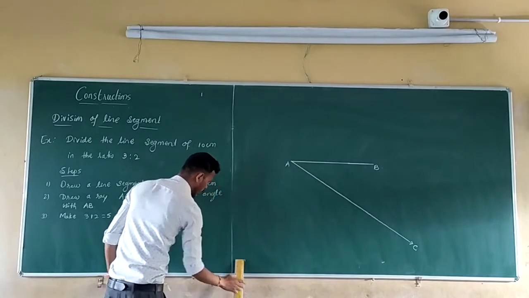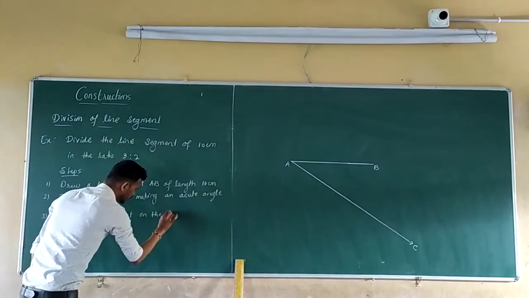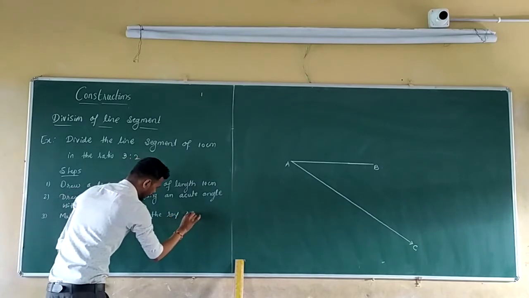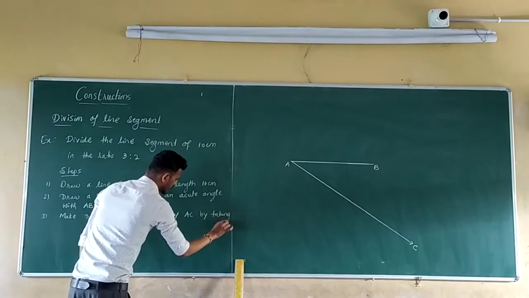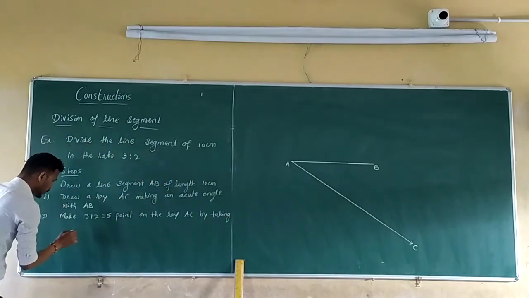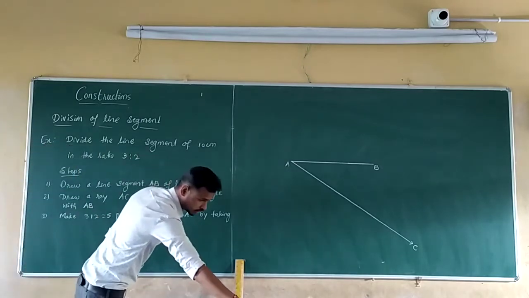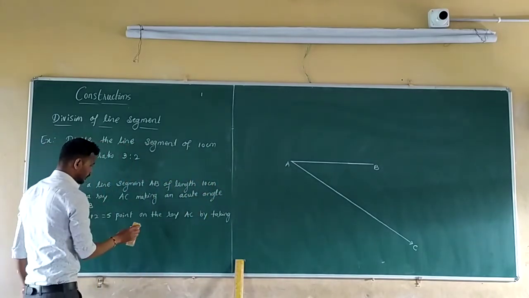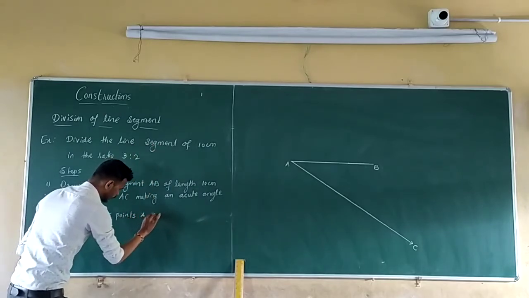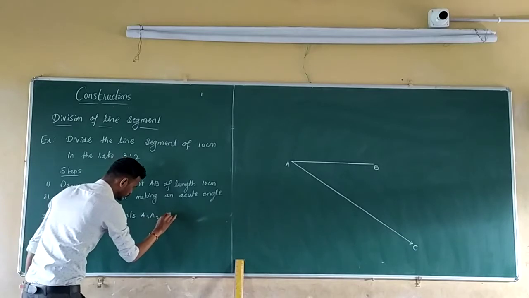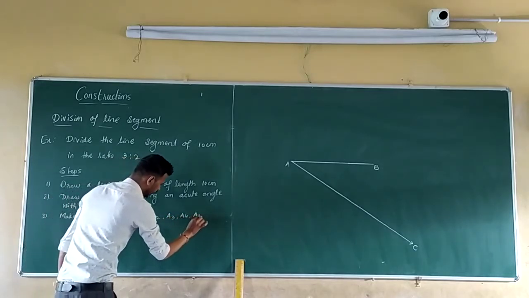Make 5 points on the ray AC, A1, A2, A3, A4, A5.